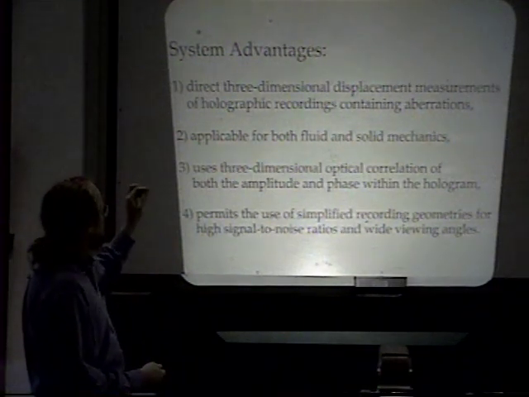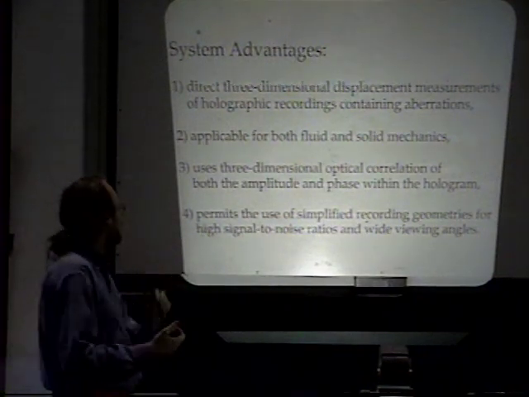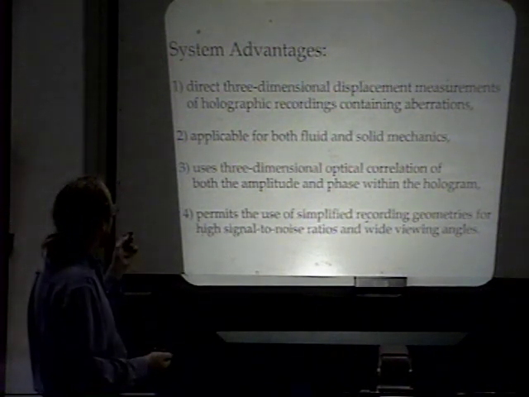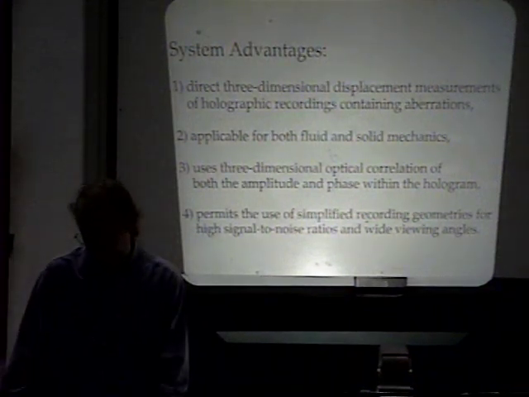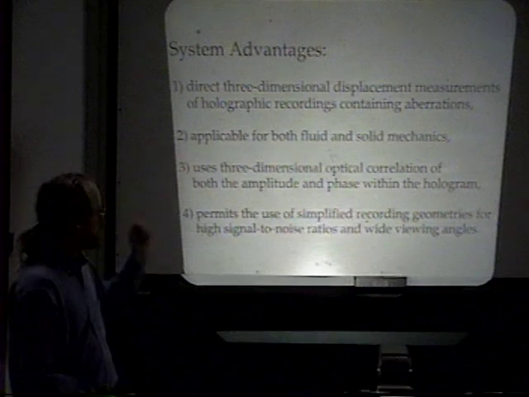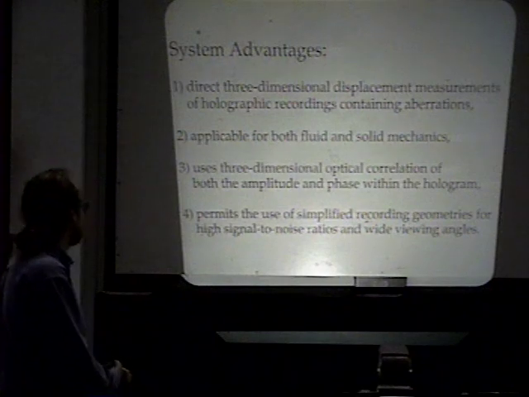One is that we can take three-dimensional measurements directly from a single viewpoint, in essence, with aberrations. That's very important. Actually, our system, I've been saying holographic PIV because most of you are interested in fluid mechanics here, I believe. But this system actually works also with surfaces. So we can take three-dimensional measurements on surfaces as well.